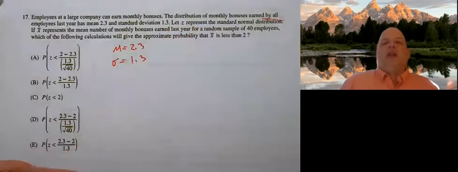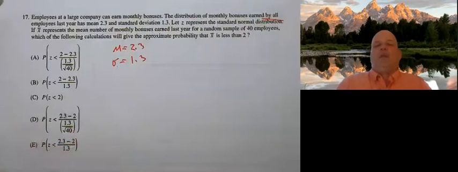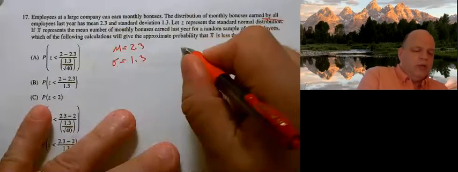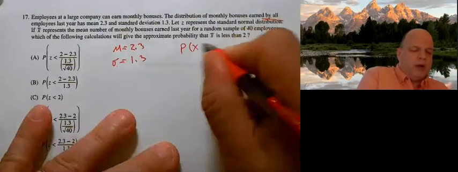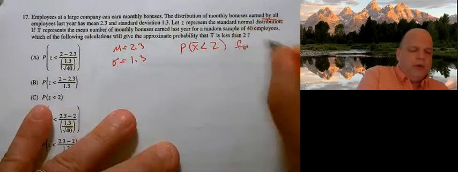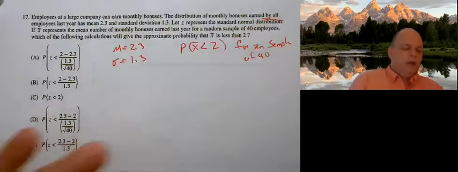Let Z represent a standard normal distribution. If X bar represents the mean of monthly bonuses earned last year for a simple random sample of 40, which of the following calculations will give the approximate probability that X bar is less than 2? So we want the probability that X bar is less than 2 for a sample of 40, or N equal to 40.